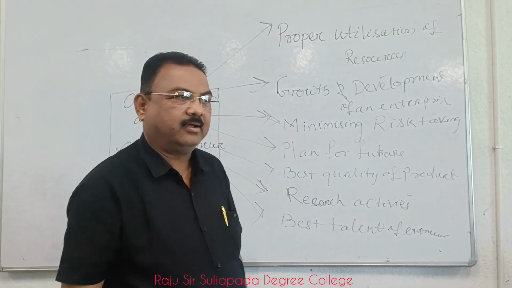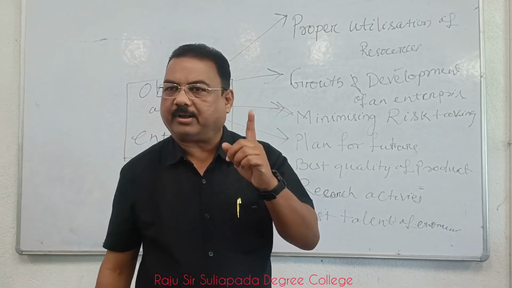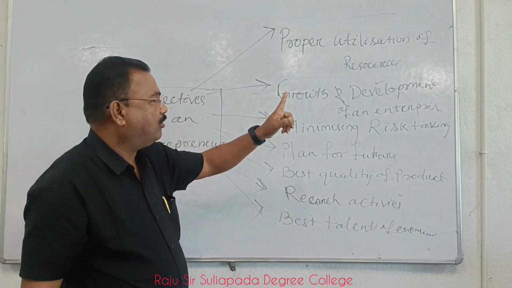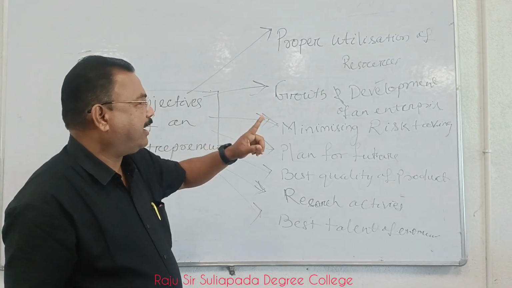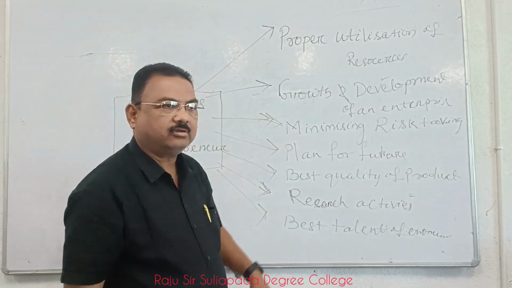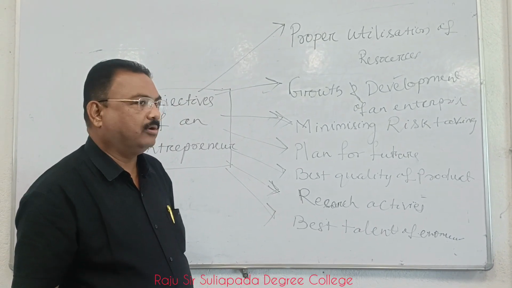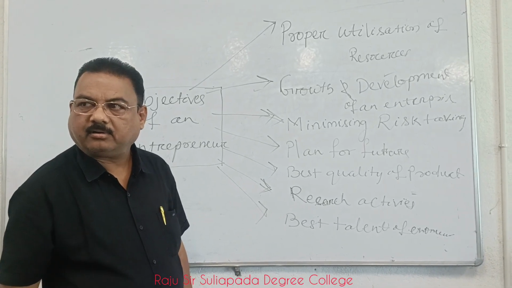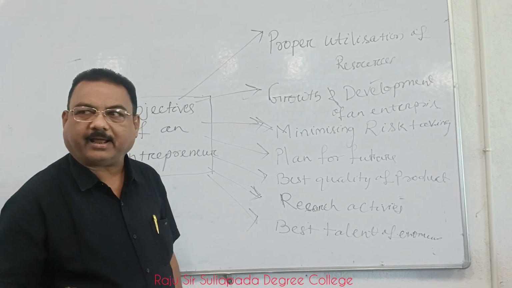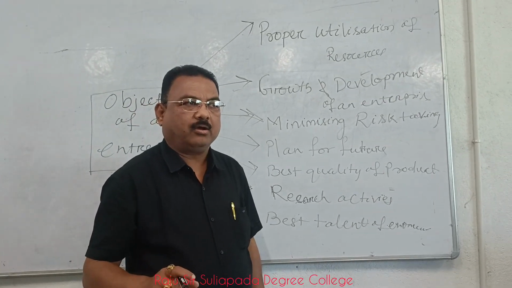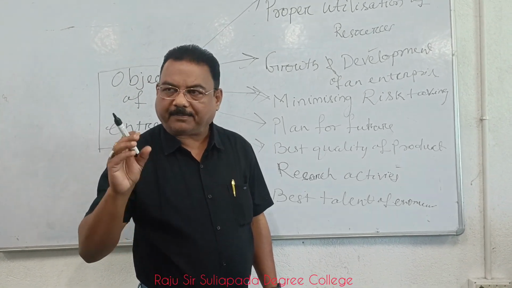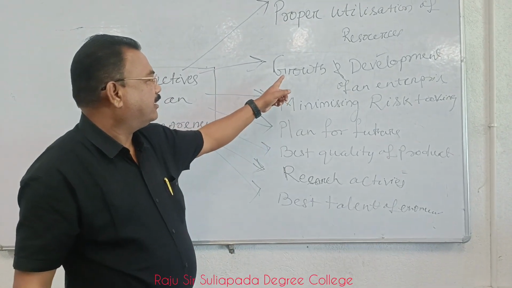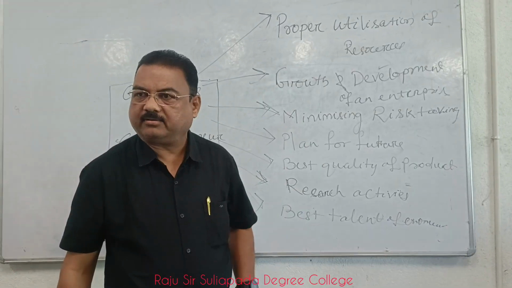But developed countries like England, America, etc. have attained economic growth. Why can India not attain economic growth? Due to lack of good entrepreneurs. If an entrepreneur establishes an enterprise properly, then economic growth must be attained.